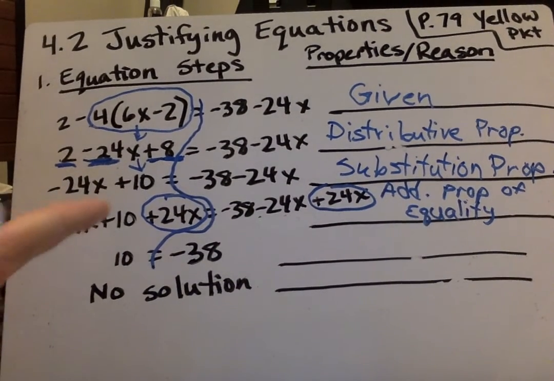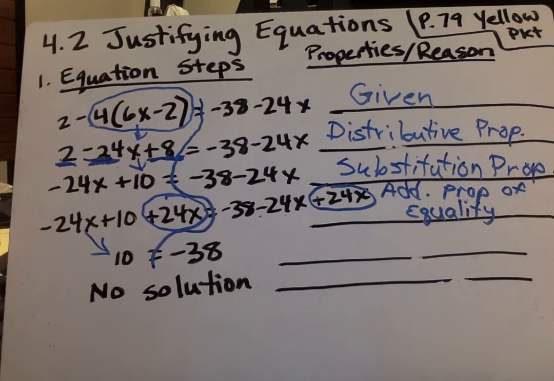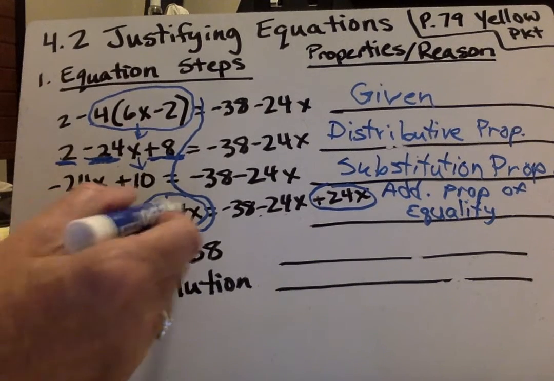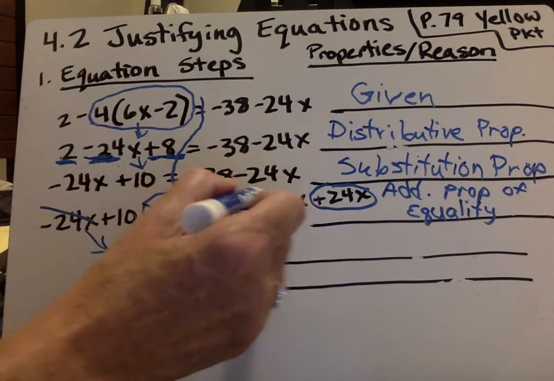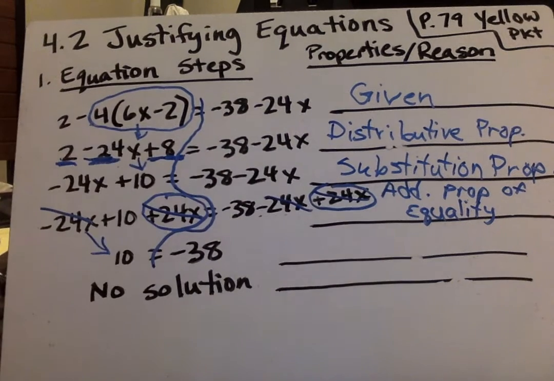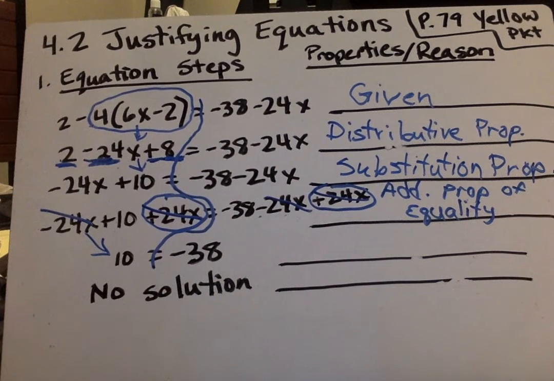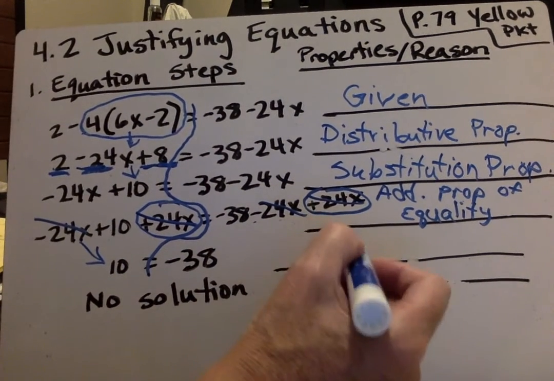Okay, we go on to the next one, from here to here. What happened? We took the minus 24x and the plus 24x and we got rid of it, didn't we? So when you're combining things, you're really going to simplify, which when you simplify, it becomes substitution. So we write substitution property.